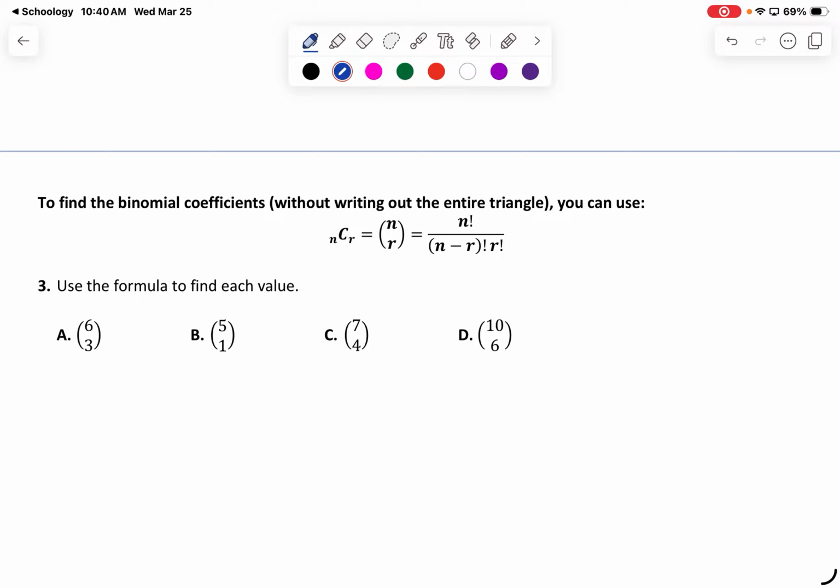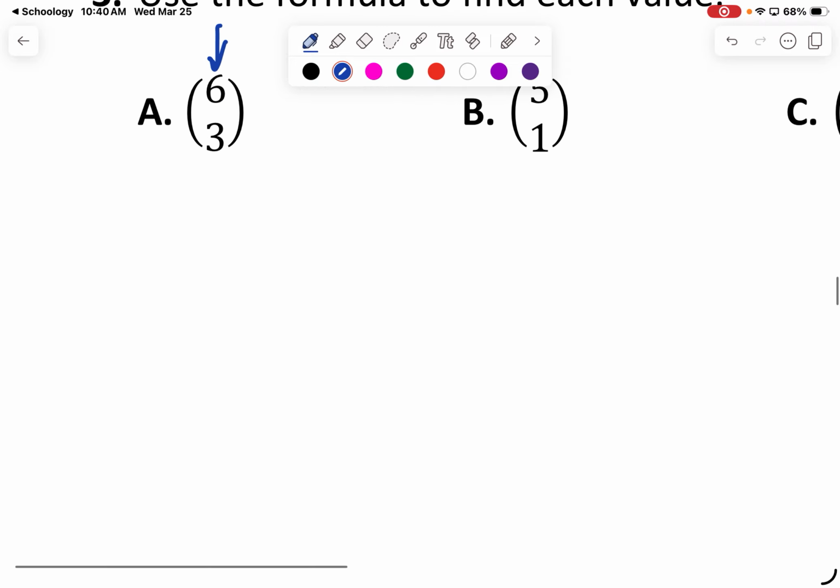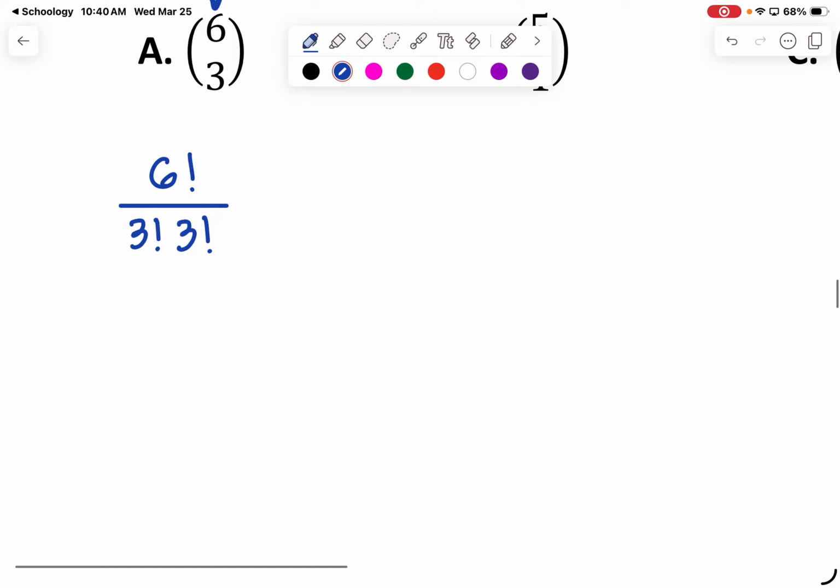So if I had an n value of 6, right? So this was to the 6th power, and I wanted the 4th term, right? Because 6, 5, 4, 3 would be the 4th term. It's always one less than that. Then I could use 6 choose 3, right? So to get 6 choose 3, let's go ahead and practice this again to find that coefficient. It would be 6 factorial over 6 minus 3, which is 3 factorial, and then just that r value factorial.